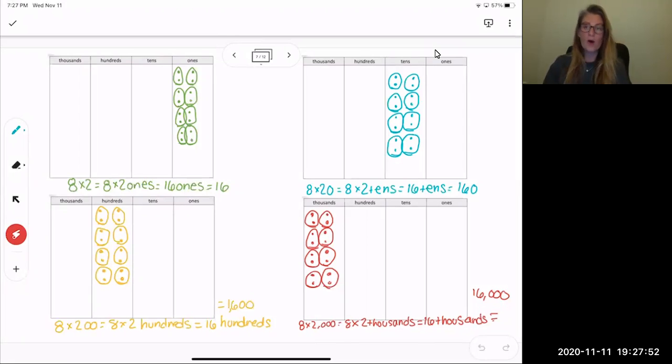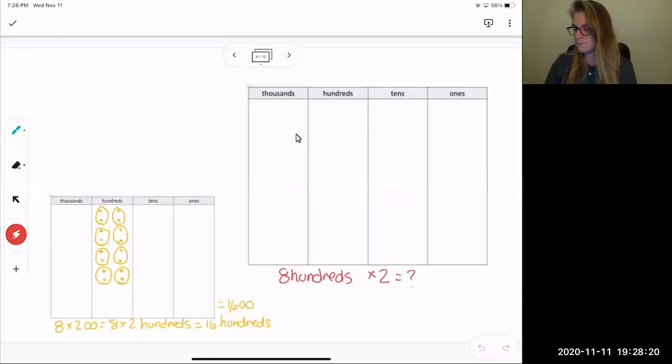So think about all of the similarities and differences that you see in these 4 problems. What would happen?